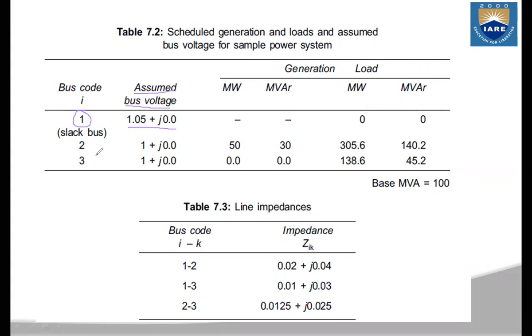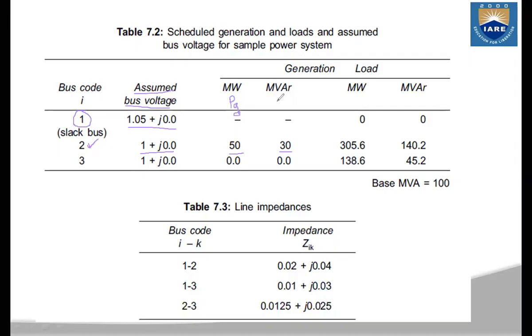And bus 2. At bus 2, voltage is given. Voltage is the assumed bus voltage, right? And megawatt power and MVAR. So megawatt power is nothing but the generated power.